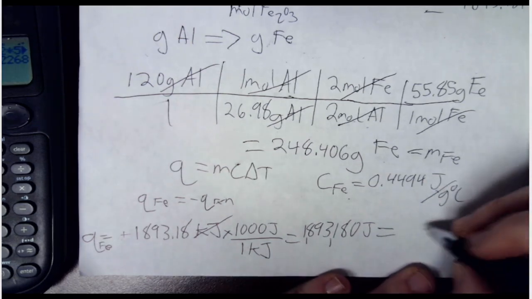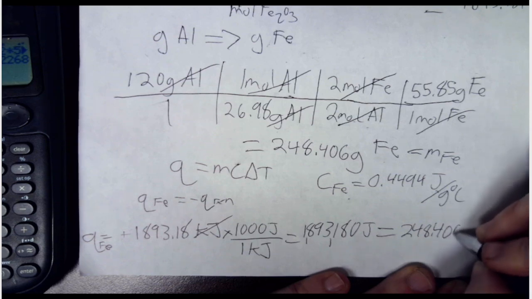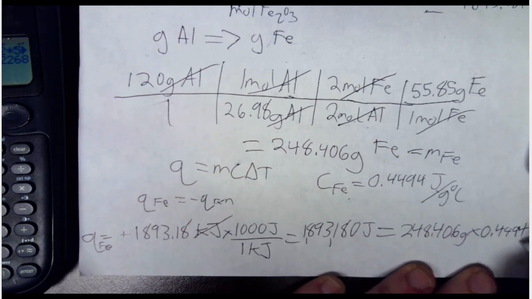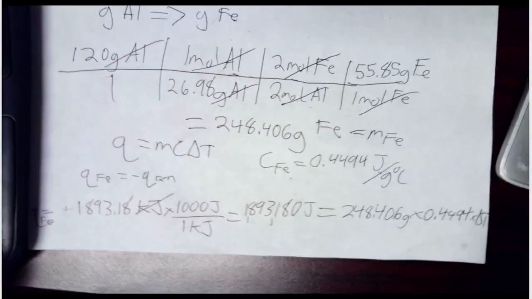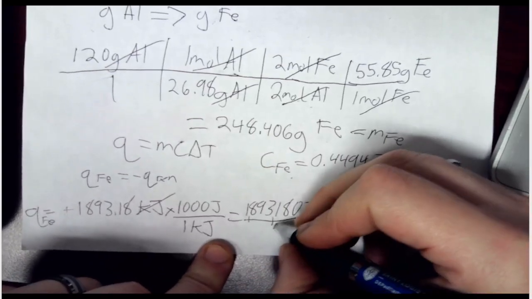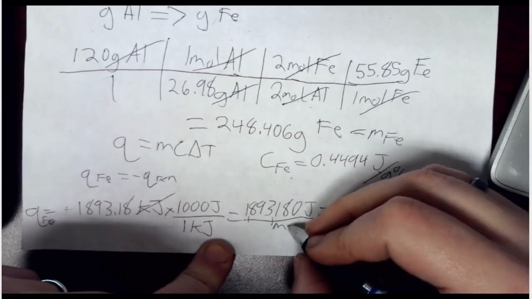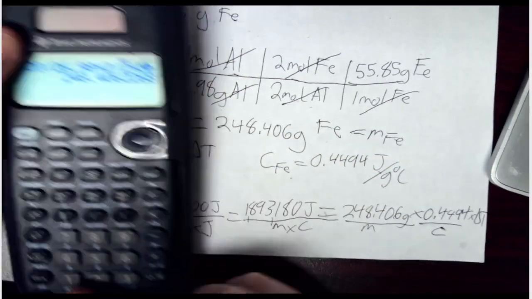That is going to be equal to the 248.406 grams of iron times the heat capacity 0.4494 joules times the delta T, which is what we're solving for. So we have to take both sides and divide by our mass and divide by our C, and that will give us our delta T.